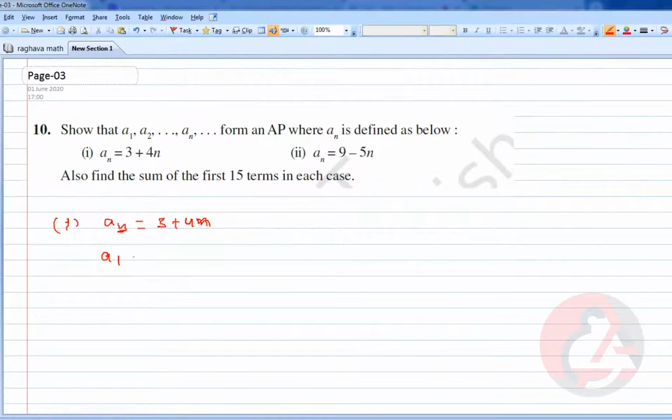If I want to find a1, in place of n you substitute 1. So 3 plus 4 into 1, that is 3 plus 4, 7.